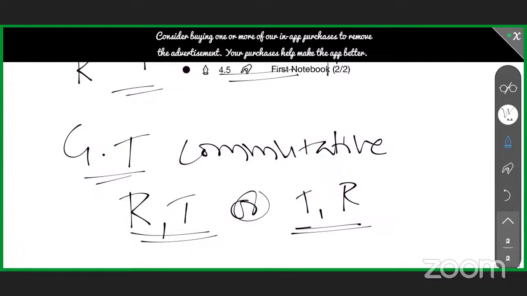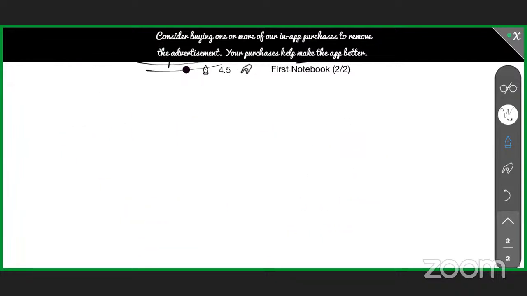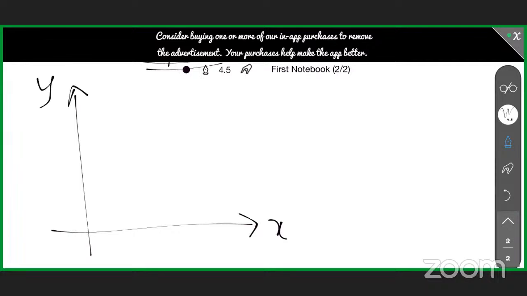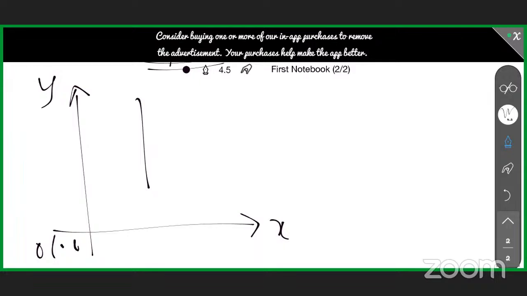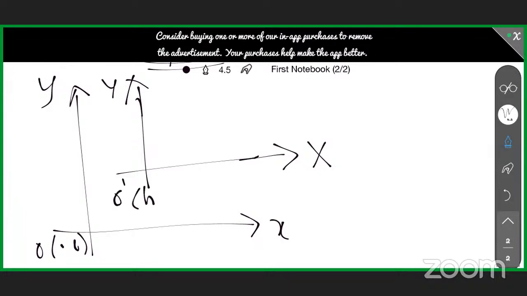Okay. Now we will see how this works. Let us say this is my small x axis and this is my small y axis. So I'm doing my translation. This is O, 0, 0, my origin. I'm shifting it to a new place, capital X, capital Y, to an origin O dash, where my origin coordinates are h, k. Now I have finished translation of axis.